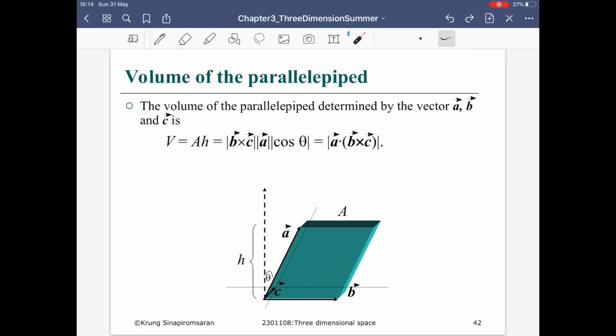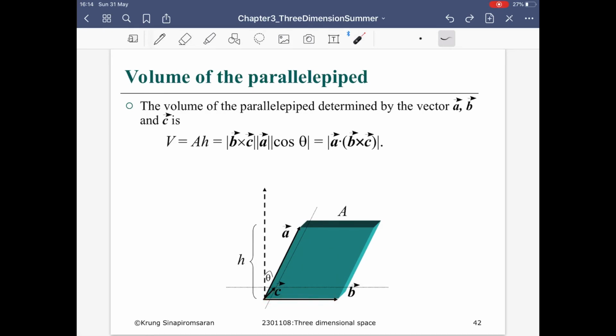To find the volume of this object, we need to find the base area multiplied by the height. The base area we call A, and the height we call H. Can you remember the area of the parallelogram determined by the vector b and the vector c?